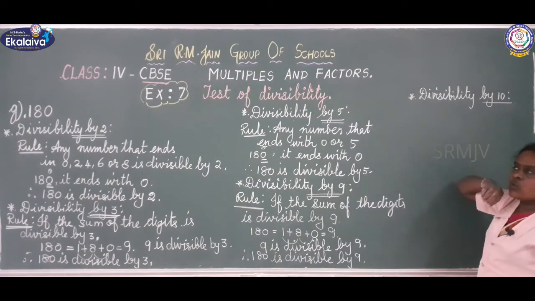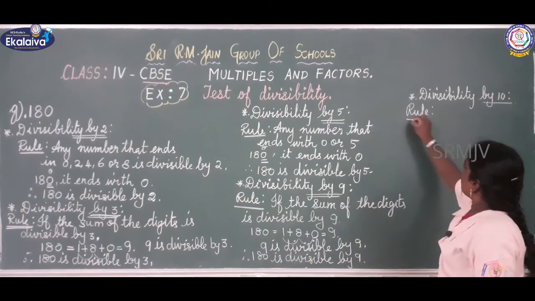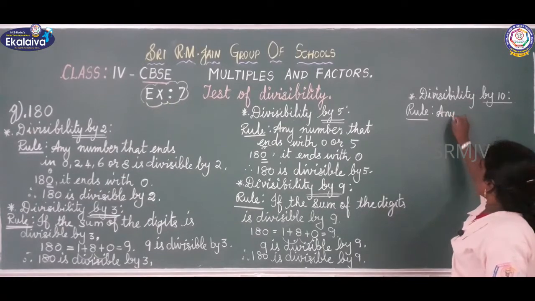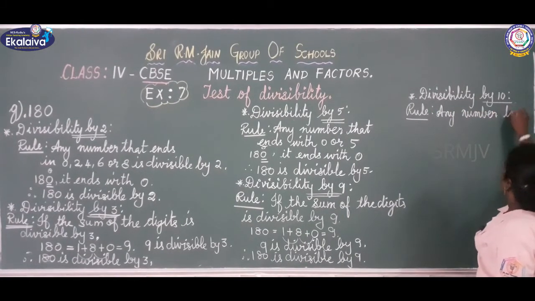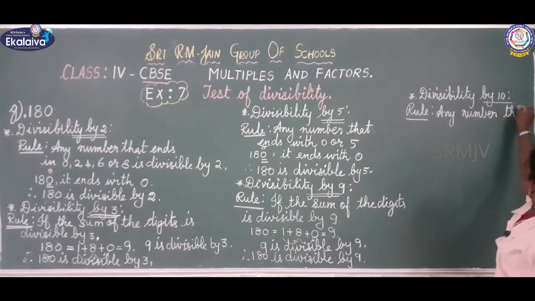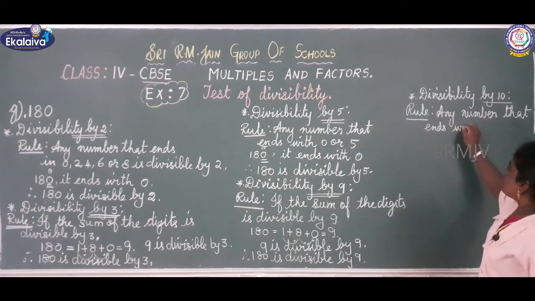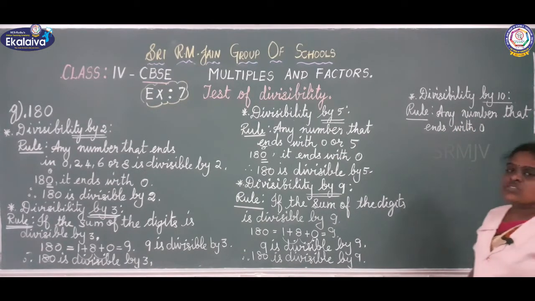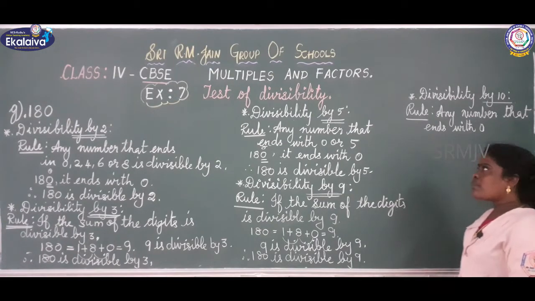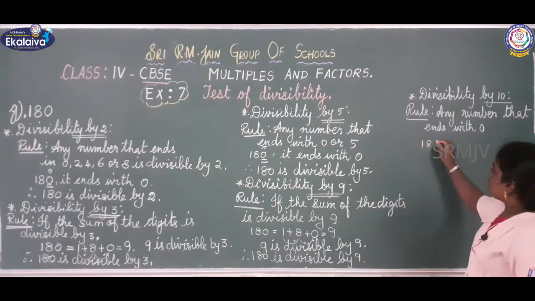First write down the rule, children. The rule is: any number that ends with 0 is divisible by 10. Here the given number is 180.